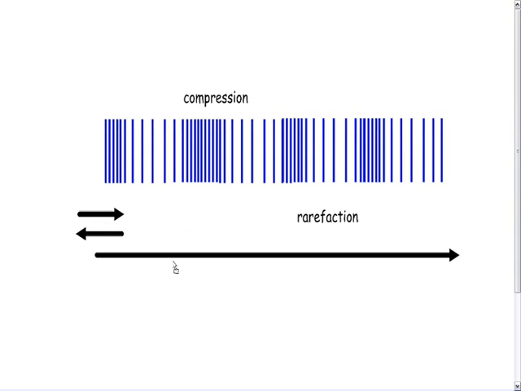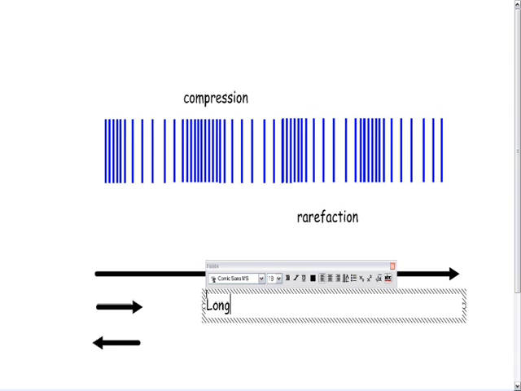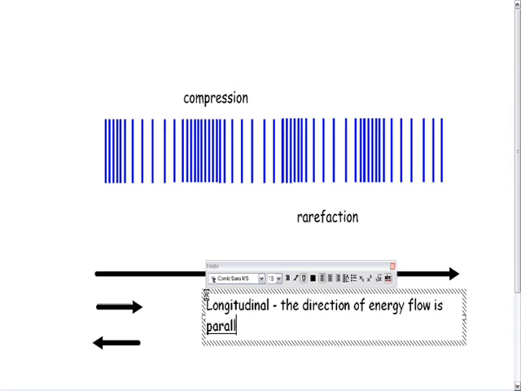Now if I take those arrows and compare them to each other, because they are longitudinal waves, the direction of energy flow is parallel to the direction of the disturbance.